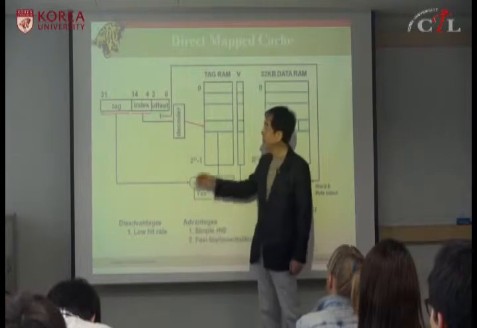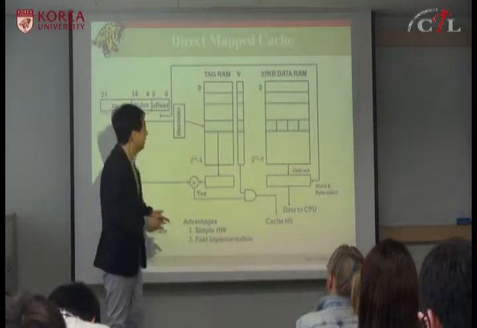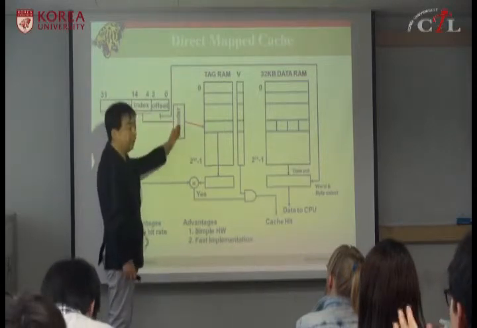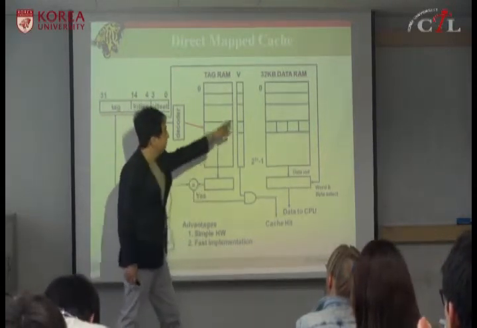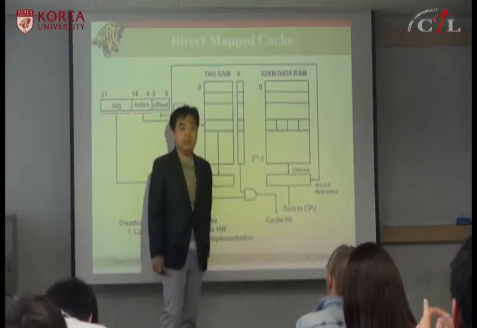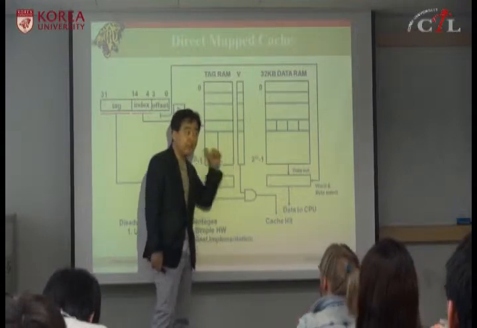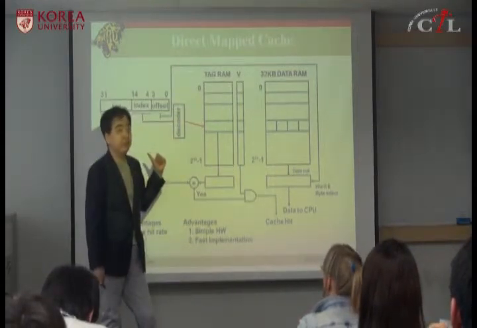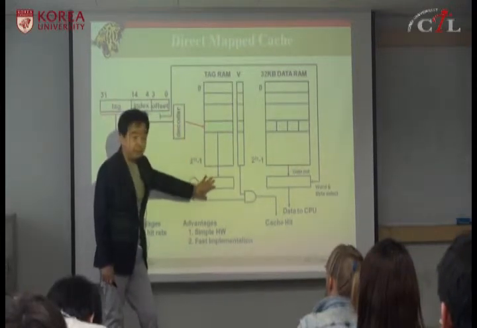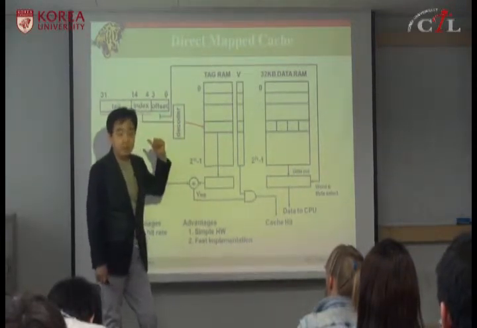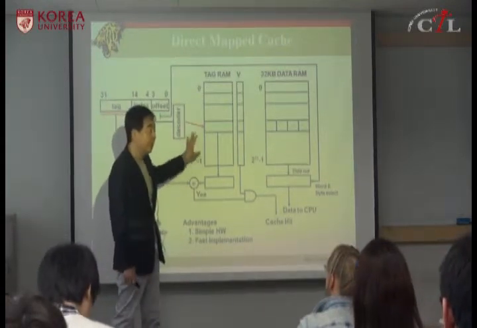So for the cache hit or miss determination, you first need decoding, and then compare, and then you check the valid bit and you have a cache hit. This one is a little bit slower than fully associative cache because you need decoding in addition to compare. The previous fully associative cache required only compare time, but this is decoding plus compare.